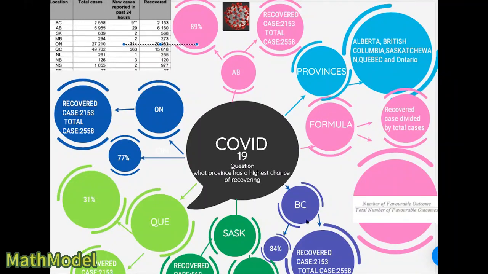So, for example, BC recovered cases are 2,153, and the total cases are 2,558, which if you divide those, it would be 84%.